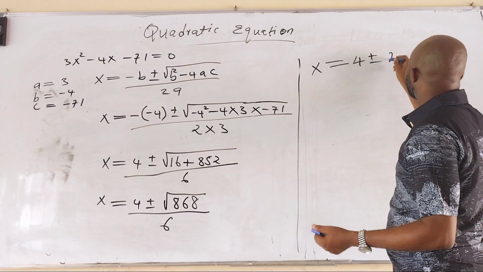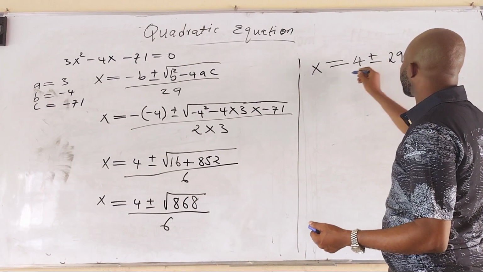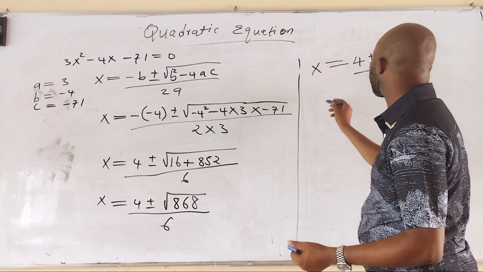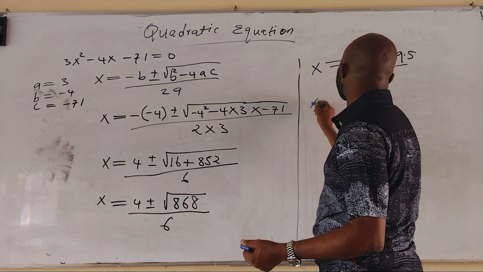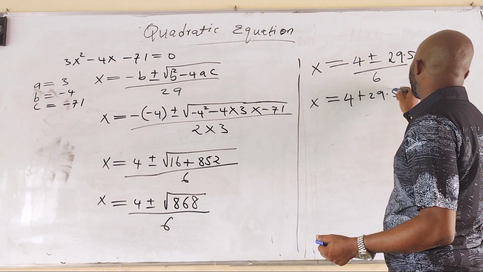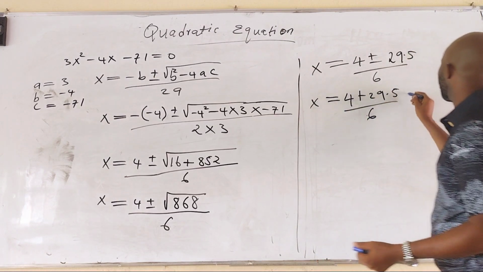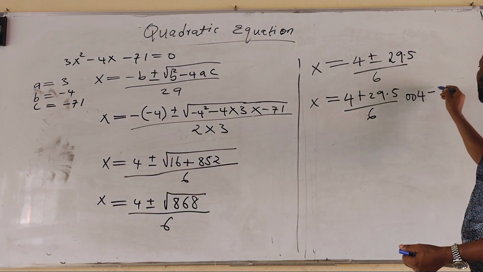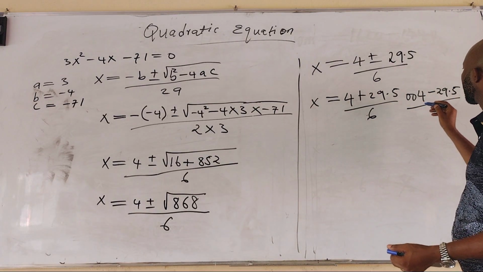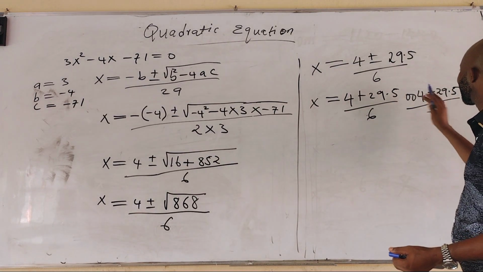So that's 29.5 approximately over 6, because 2 times 3 is 6. So my X will be 4 plus 29.5 over 6, or 4 minus 29.5 over 6.